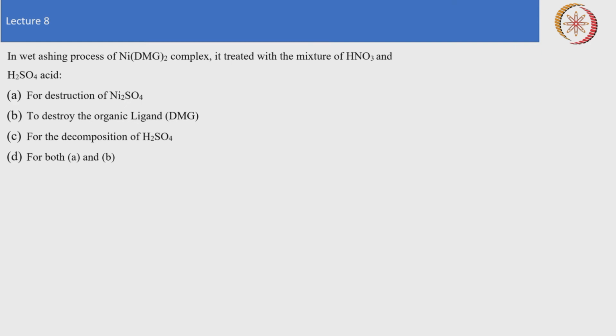Okay, next question: in the weight ashing process of nickel DMG complex, the complex is treated with a mixture of HNO3 and H2SO4 acid. Is this for destruction of nickel sulfate, to destroy the organic ligand, for the decomposition of sulfuric acid, or both A and B?